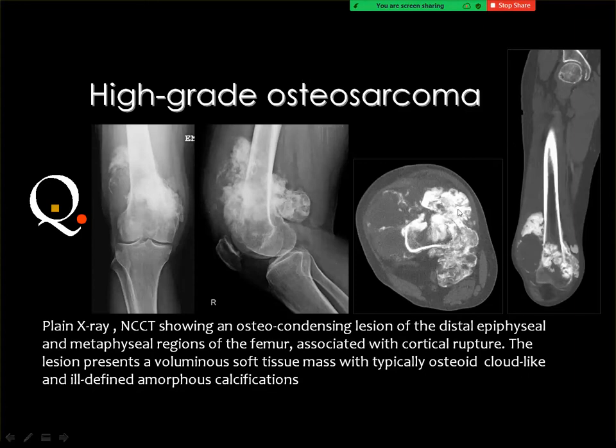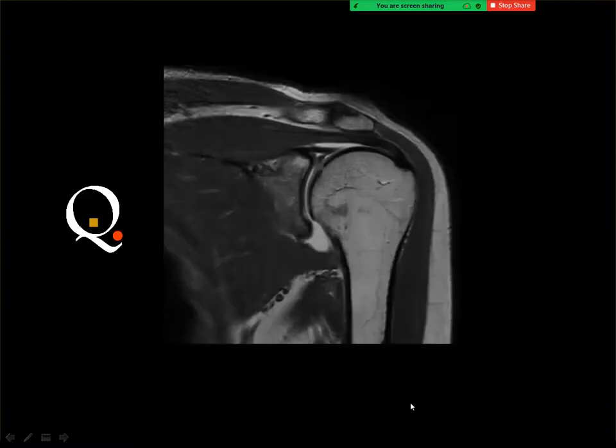Of course, the extensive calcification and the areas of bone destruction in the metaphysis of the long bone may suggest the possibility of osteosarcoma. But if your answer is chondrosarcoma, it can be considered a right answer.